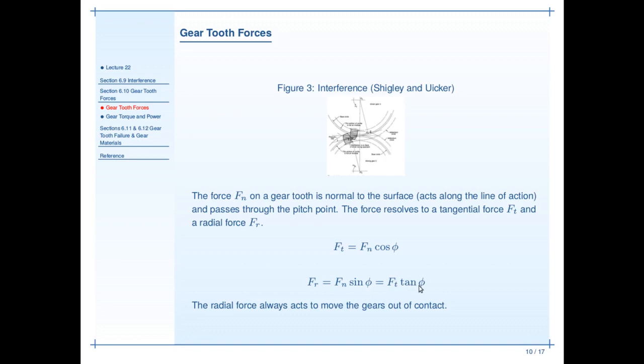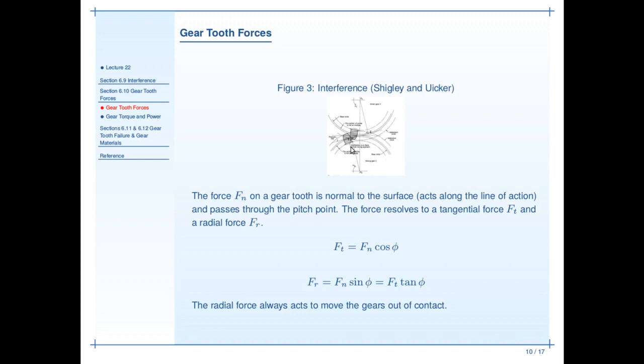These forces do two things. The radial force first always acts to move the gears out of contact. So in the case of these two gears shown in the picture at the top, that radial force is trying to push them apart. It's trying to increase the center distance between the gears. Always.